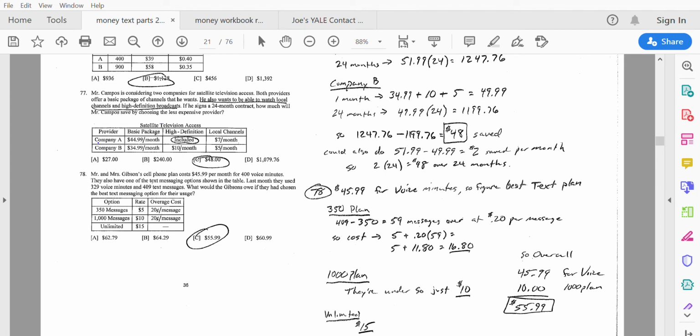To use this first option, you got to pay $5, and you get 350 text messages for free. They use 409, so we subtract.